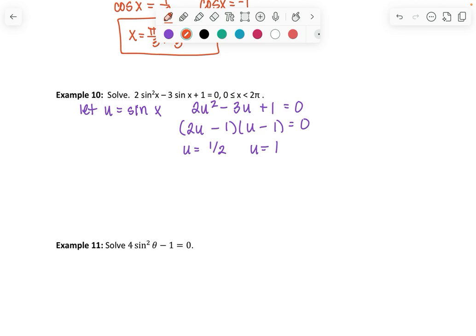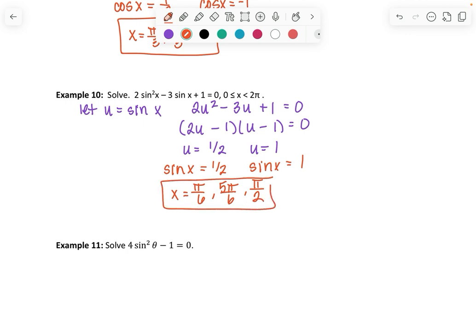Those are our solutions for u. Now we replace the u with what we took out, which was sine of x. So x is going to be, sine is equal to positive 1/2 at pi over 6 and 5 pi over 6. And sine is equal to positive 1 at pi over 2. Those are our solutions.